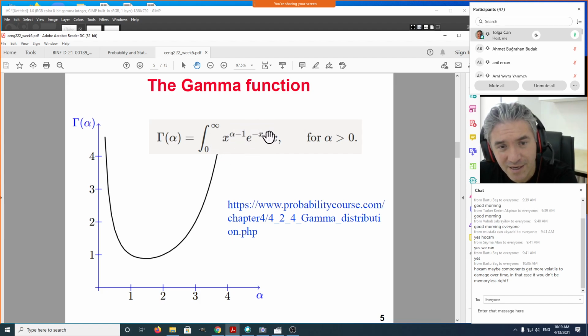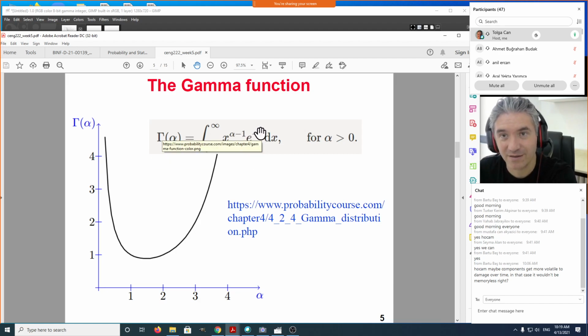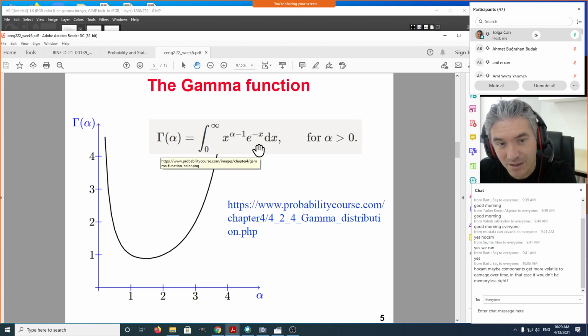So this is like our combinatorial case where the first alpha minus 1 events can occur anywhere within this interval, and this is our occurrence of that event at x. We were using e to the minus lambda x, if you remember, in the exponential distribution. So this is like that combinatorial function that we had for negative binomial, extended over to the continuous case. So this is how it's defined.